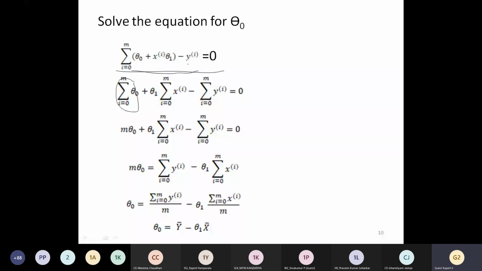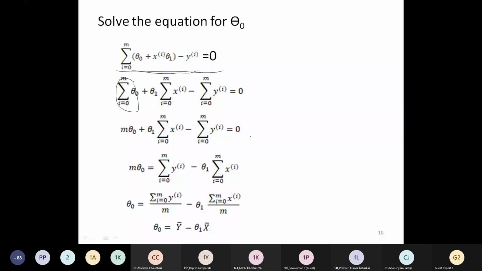Now theta 0 and theta 1 are constant values, they are real values. So sigma of theta 0 is nothing but m times adding theta 0, so that is m theta 0. Here I am taking theta 1 outside, so we have sigma of xi minus sigma of yi is equal to 0.